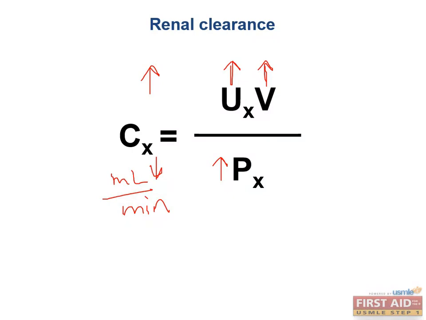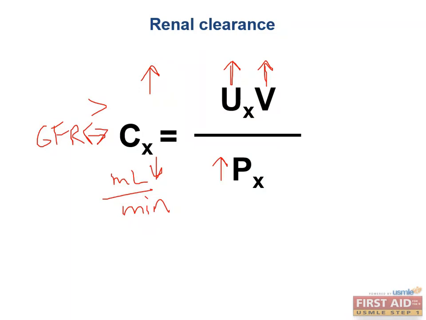Measuring the clearance of a substance and comparing it to the glomerular filtration rate, the GFR, can tell us how the nephron processes the substance. Remember that the GFR is the amount of plasma that is filtered through the glomerulus per minute. So, if the clearance of a substance is less than the GFR, then what is the nephron doing to the substance after it's filtered?